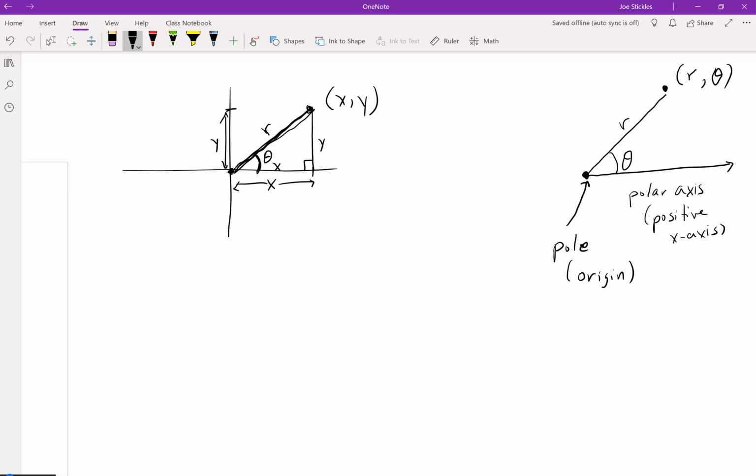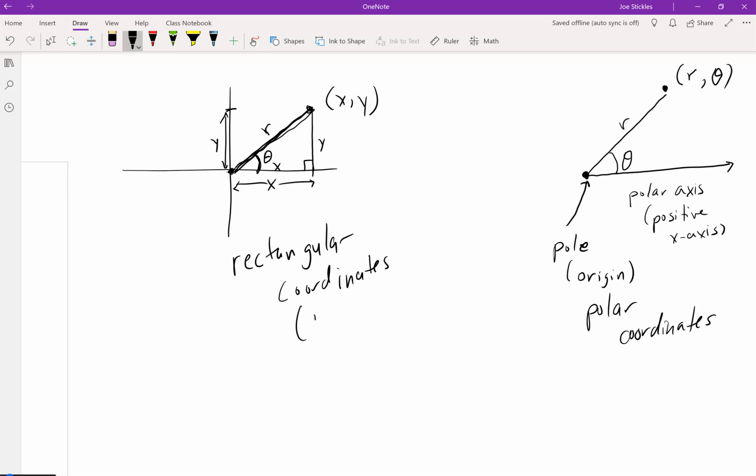All right. So from this, we automatically get some conversions between, again, these are called polar coordinates. These are typically called rectangular coordinates, or perhaps you might hear them called Cartesian coordinates.